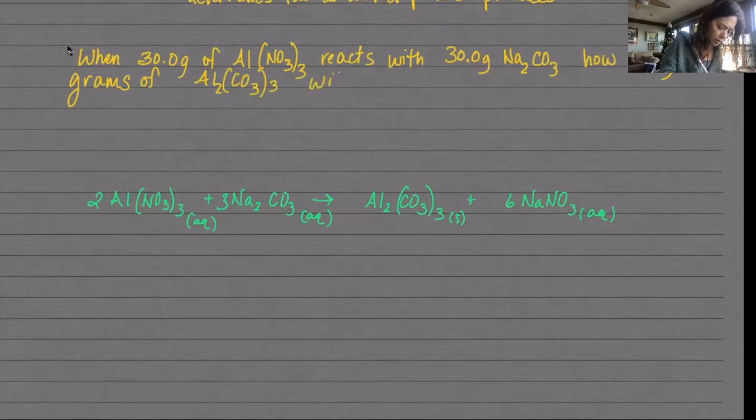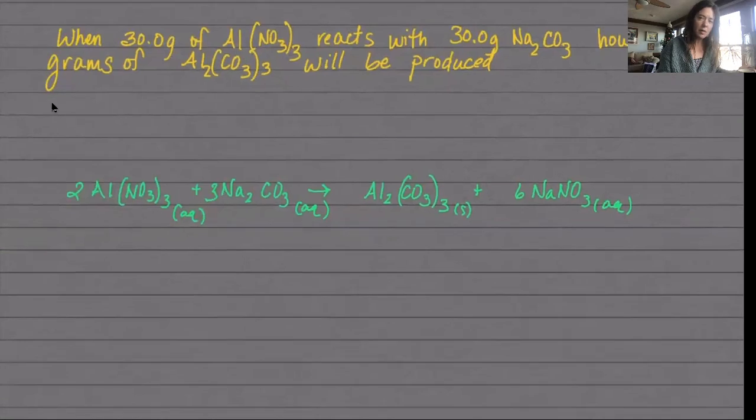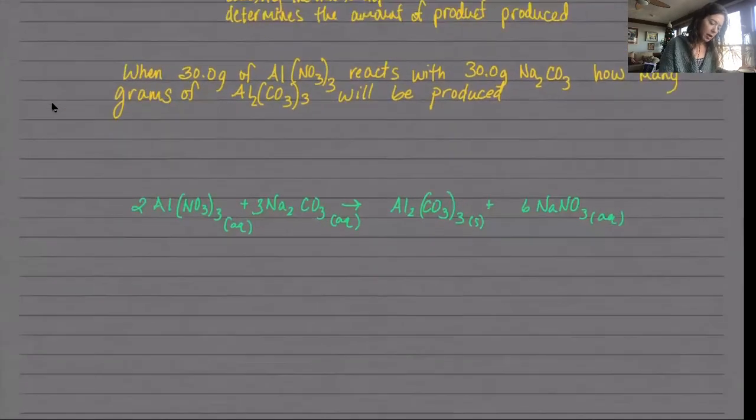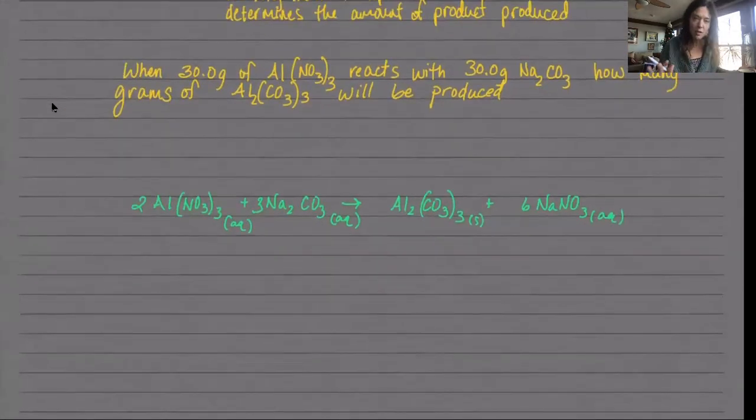Now you need to participate in these calculations to make sure that you're getting them correct with us. You can always pause, right? I like to do the same thing every time, and I encourage you to as well. I'm going to look at my problem. I've got my balanced chemical equation. I'm going to look at my problem, and I'm going to pull out what I'm given.